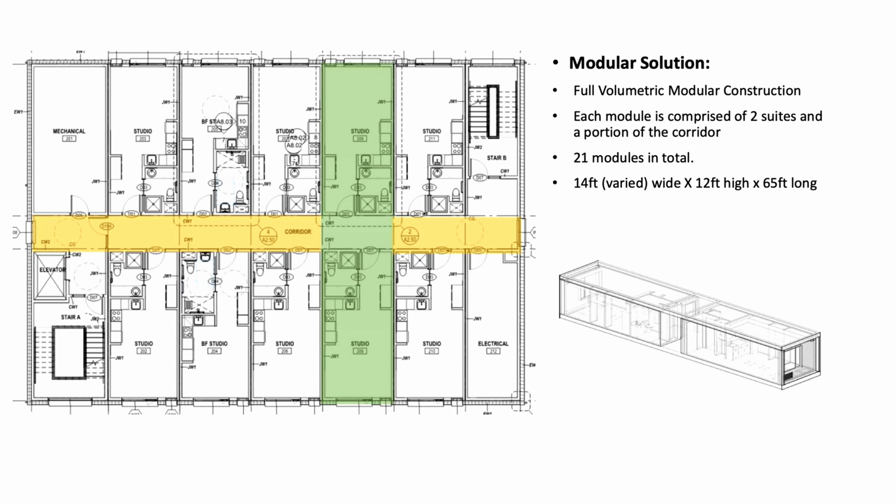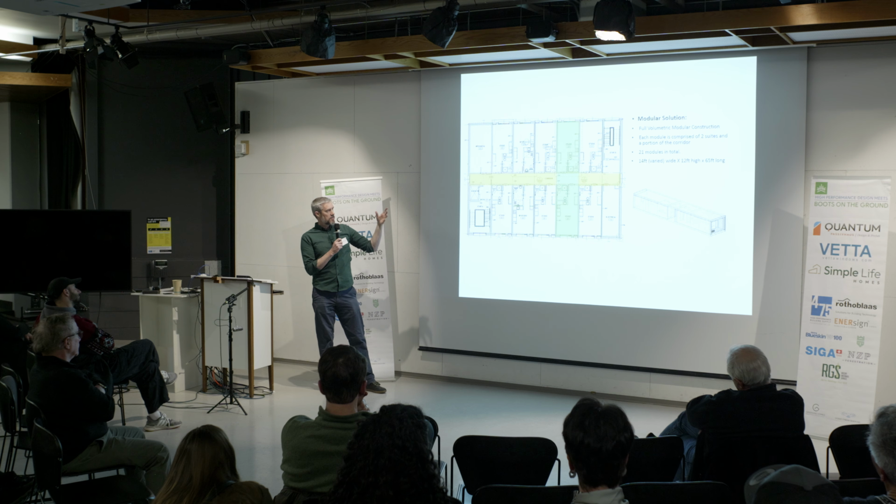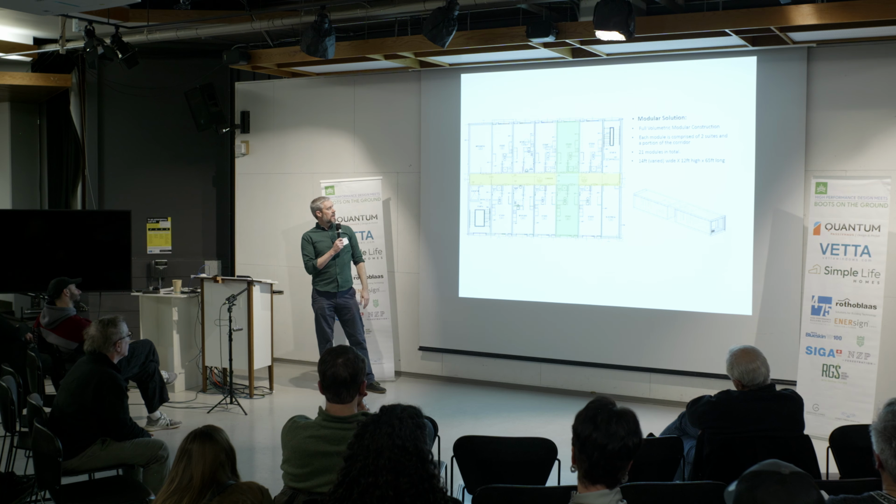The studio suites themselves were about 12 foot wide. The modules are back to back there: studio, corridor, studio. When it's all wrapped up for transportation, you just see one white box.